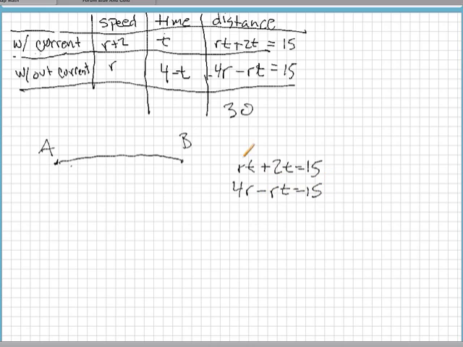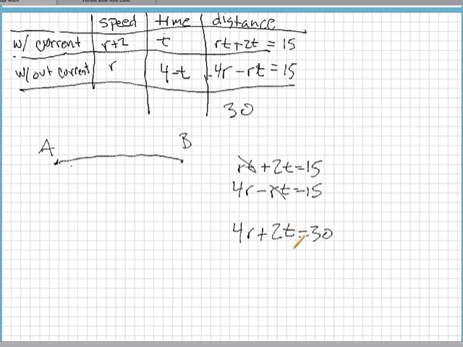If we add those together, the rt terms go to 0. So we have 4r plus 2t equals 30. Now what we're looking for is r. So we want to solve for t so we can plug it back into one of these equations, and then we're going to be able to solve for r by itself.